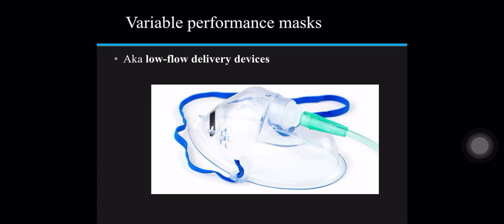Okay, well, variable performance masks are also known as low flow oxygen delivery devices. They are called low flow because they cannot give the whole oxygen demand of the patients.